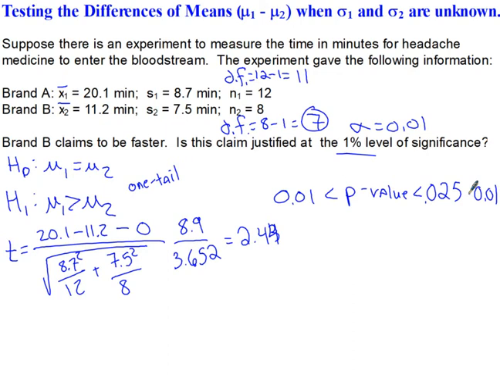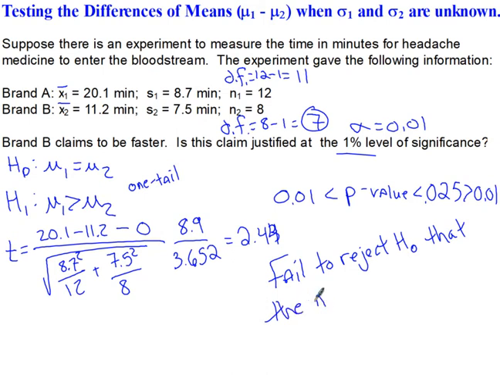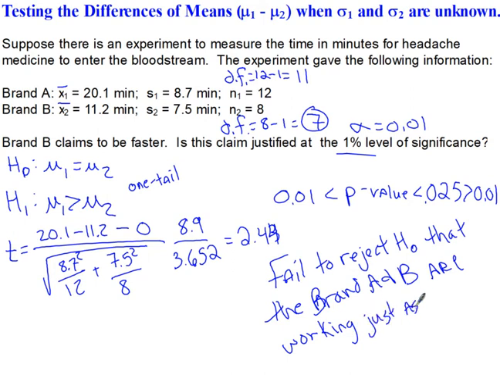Okay, so 2.5% is bigger than that, so we would fail to reject the null hypothesis that the aspirins, I guess, brand A and B, are working just as fast as each other. Okay, so there we go.